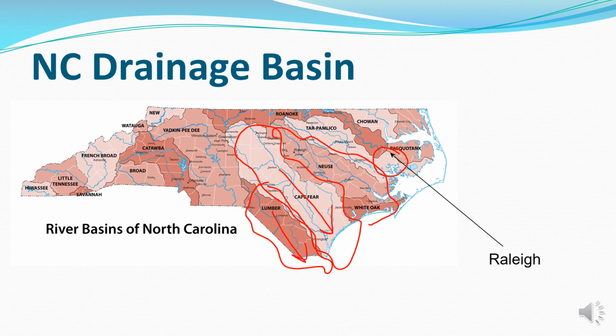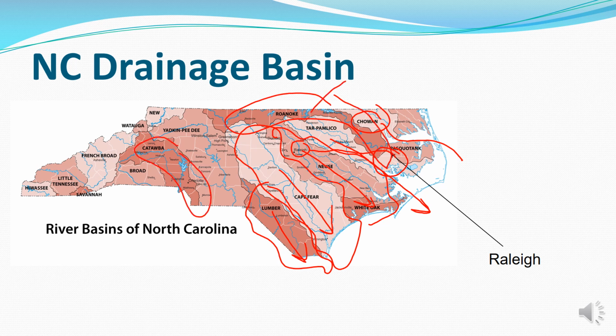And then we have the Neuse, which is Raleigh's area here. So Raleigh's here. And then you have Rocky Mount, which has Tar-Pamlico, Shawnee, Elizabeth City, Roanoke. Okay, Roanoke comes all the way from Virginia.